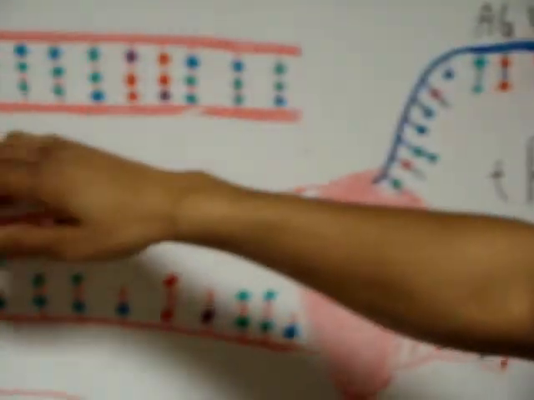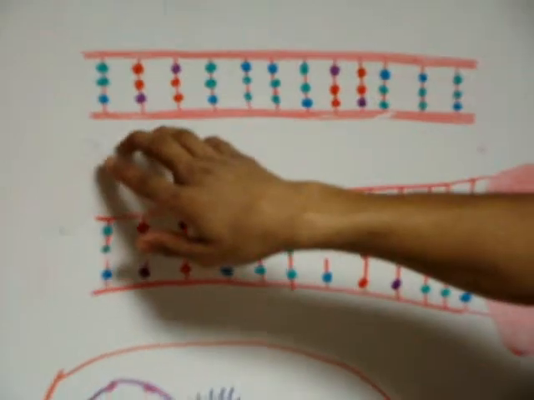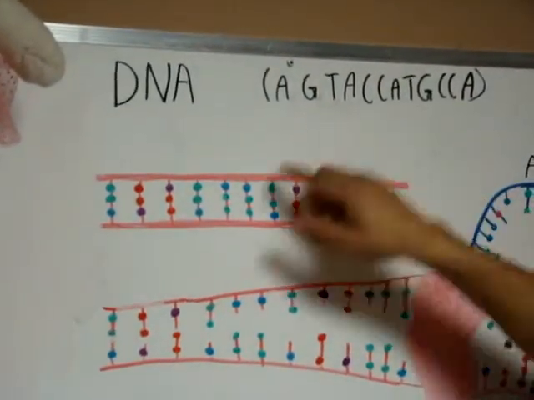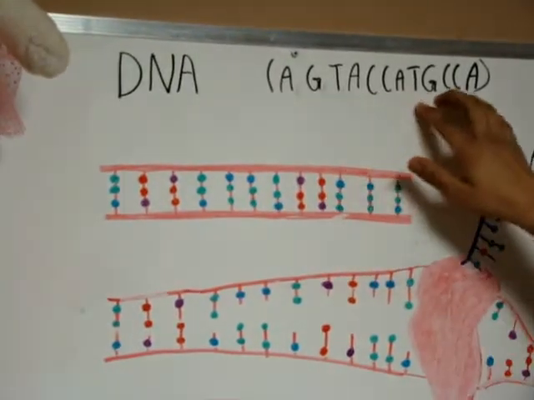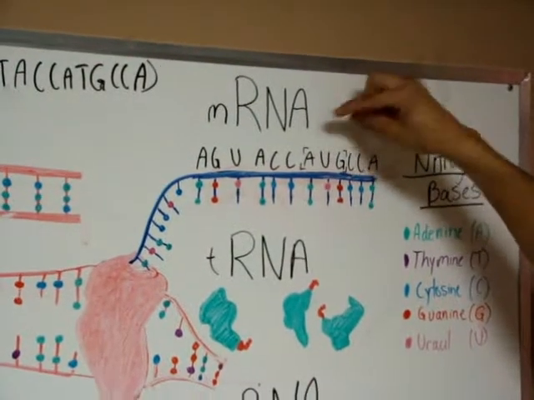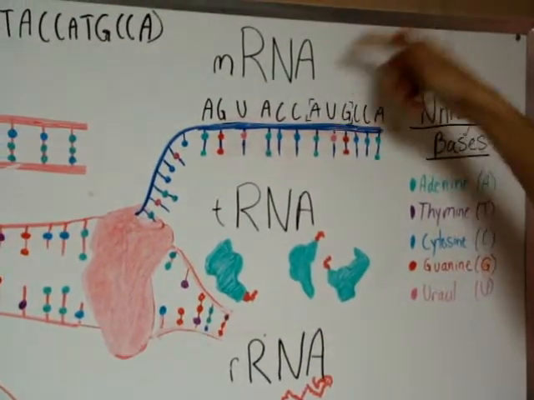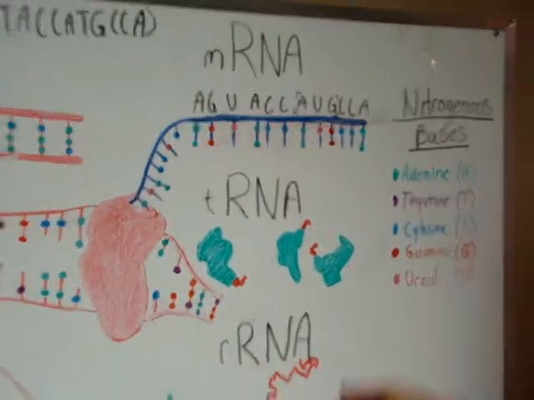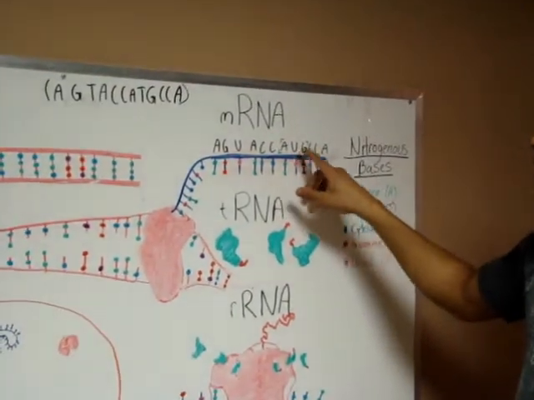So for each three pairs right here, these are codons. So each has a codon. So when we see in the mRNA, this becomes AUG is a start codon. So anytime there's an AUG, when it goes into production, and we'll see that after as I explain translation, this becomes the start codon.